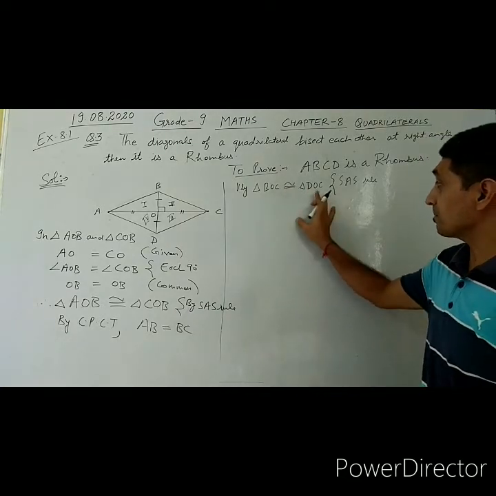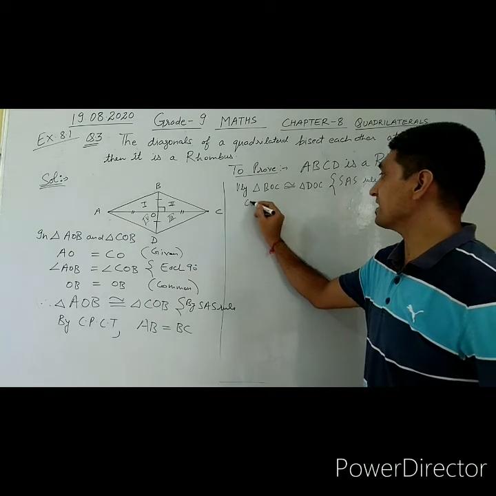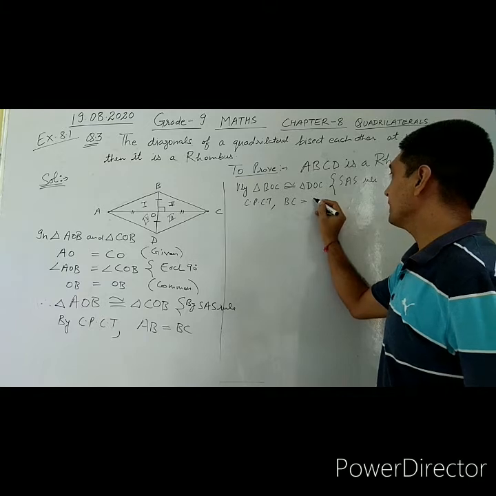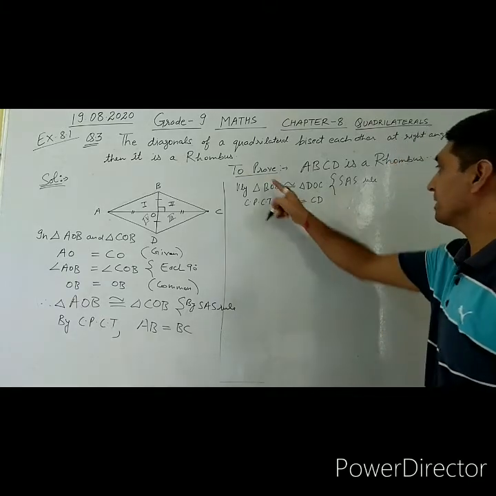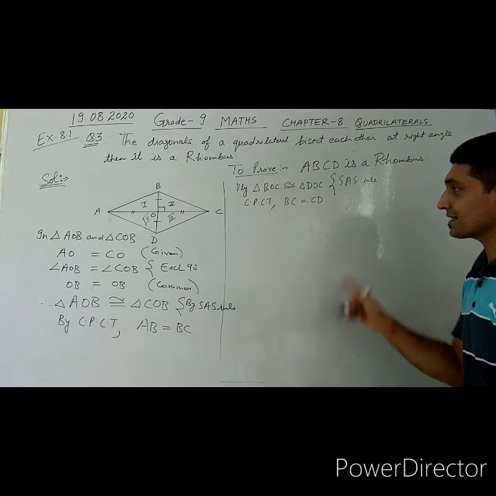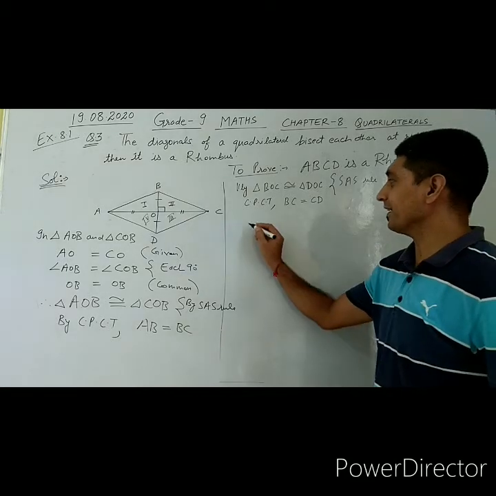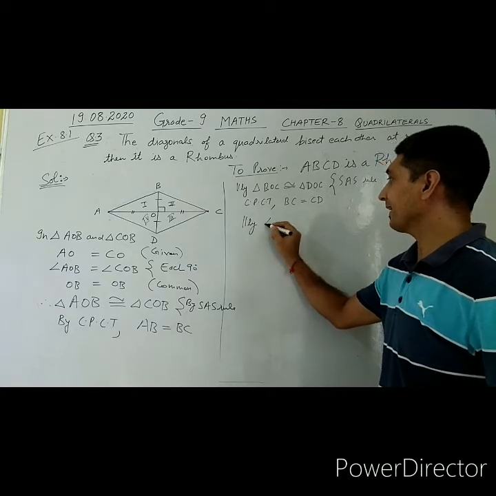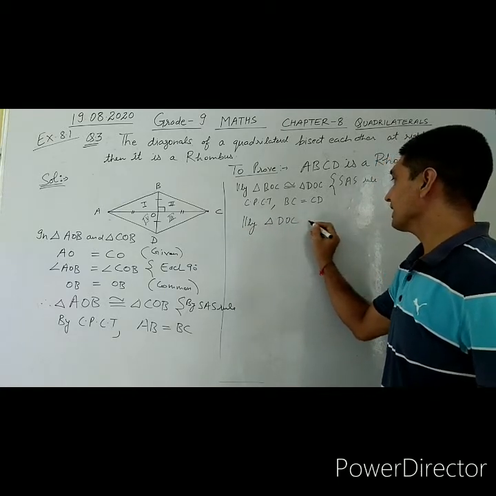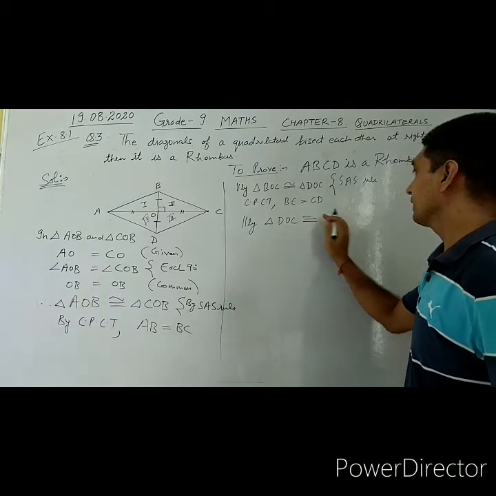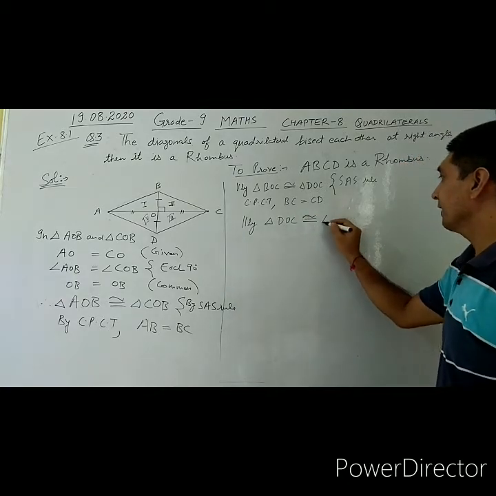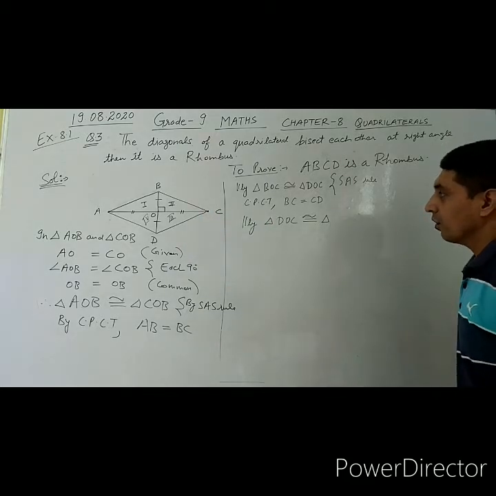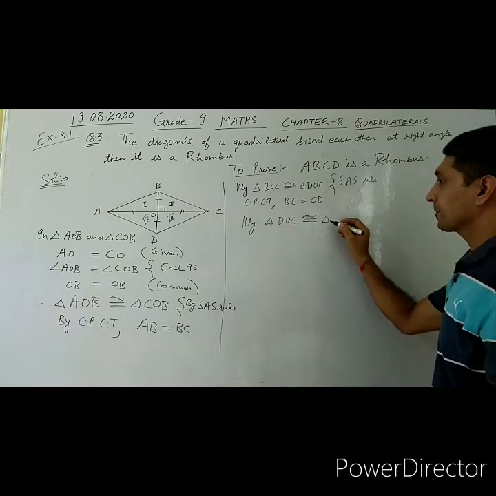Similarly, CPCT says that BC is equal to CD. And in the same way, triangle DOC is congruent to triangle DOA.